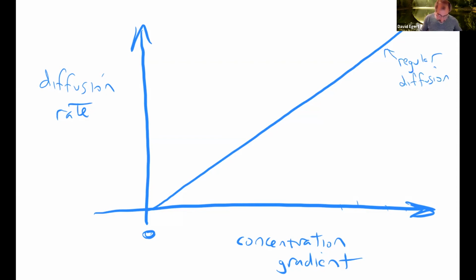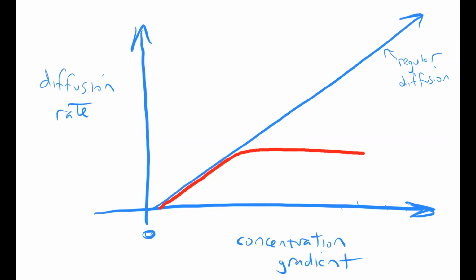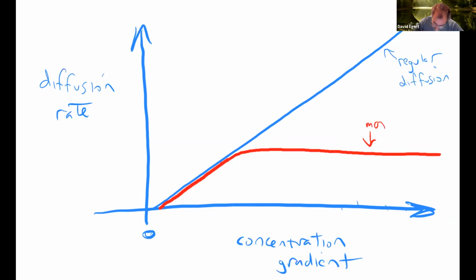If you are using a carrier, then you get something else that happens. It starts like this. But then I talked about there's a maximum rate that things can move through that revolving door. There's going to be a maximum rate. Does that make sense?